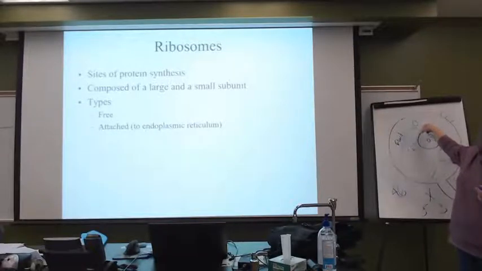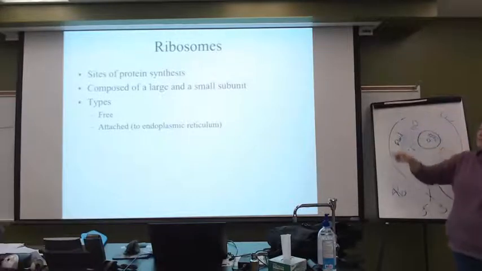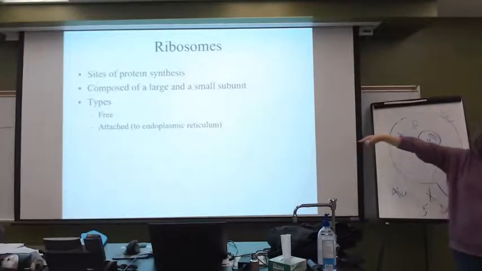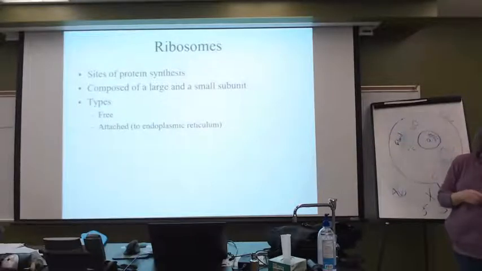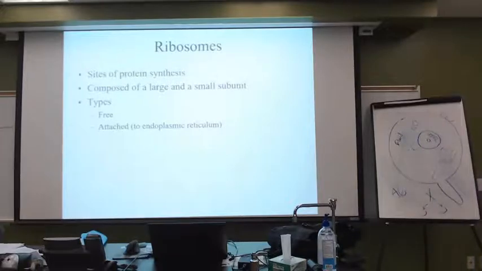They can do this completely in the cytoplasm, or they can attach to the endoplasmic reticulum. Here's the difference. The free ribosomes, where the protein gets produced in the cytoplasm, that protein stays in the cell. For example, it might go to the plasma membrane.